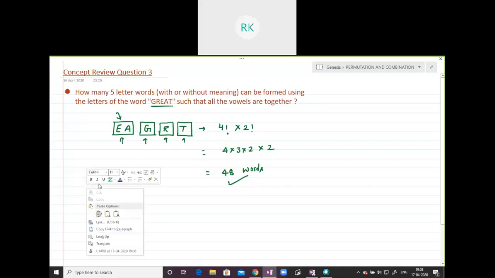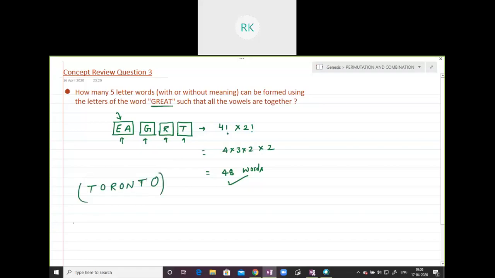I hope you understood, everybody. Can you tell me for this? Tell me how many ways you can arrange this word such that vowels are together. Toronto.